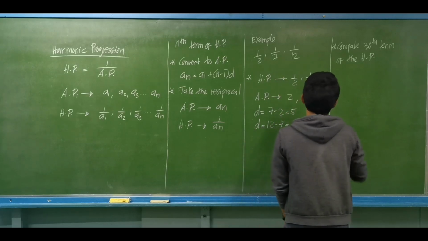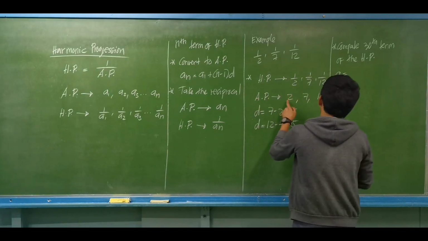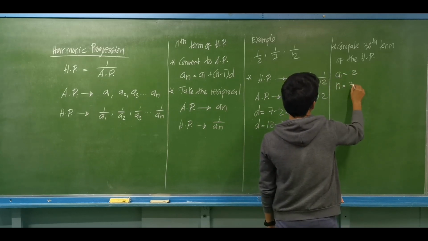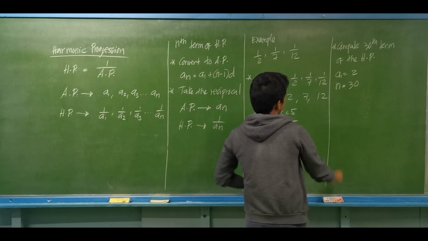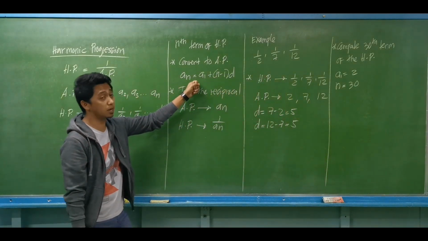What will be our first term under arithmetic progression? Our first term is 2. The number of terms required is 30. How do we compute the nth term under arithmetic progression?